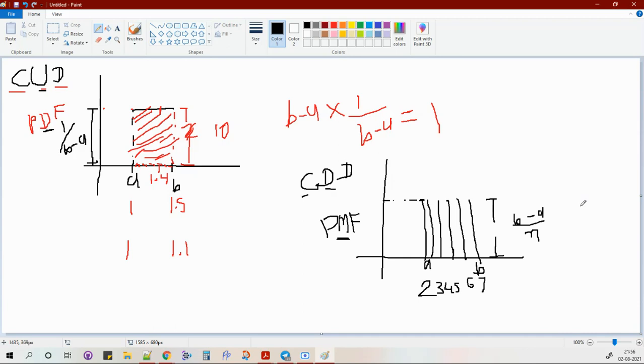Sorry, is this formula wrong? It is 1 by n, not b minus a by n: 1 divided by n, the number of observations I have. Correct? So if I have 6 observations, the probability of each would be 1 by 6, and they all sum up to 1. Correct?